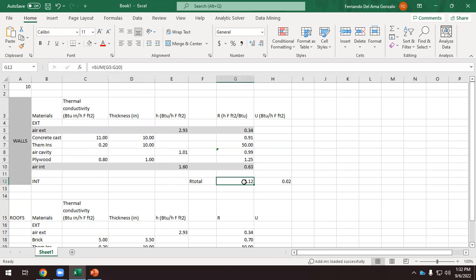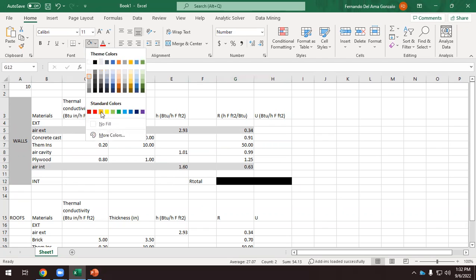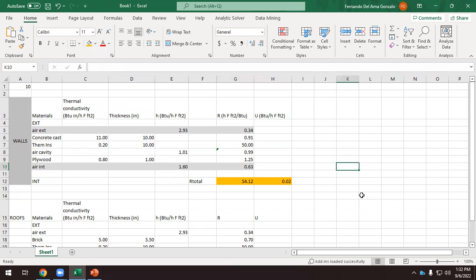And if you want to highlight the results, use something like that. Use your creativity, but the most important thing is that the Excel file has to work. If it's nice, it'll be great.